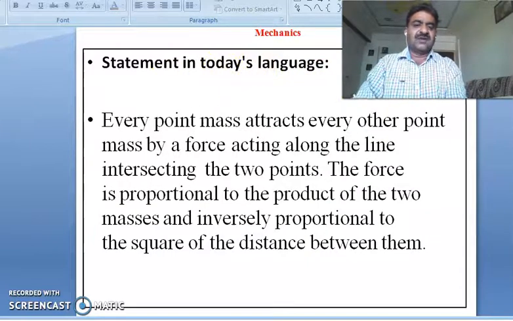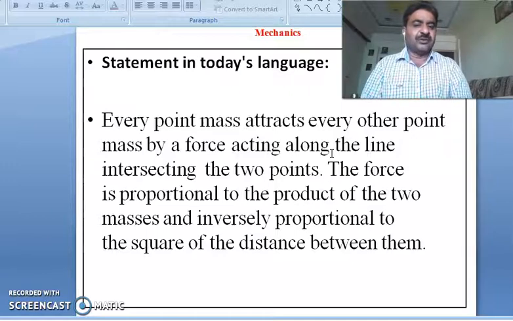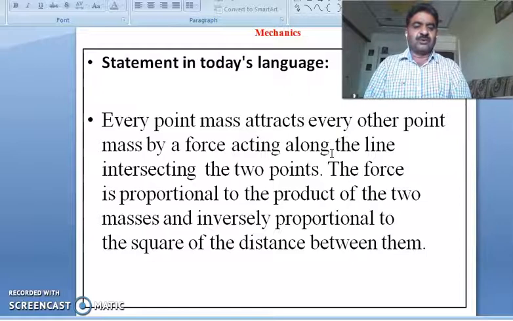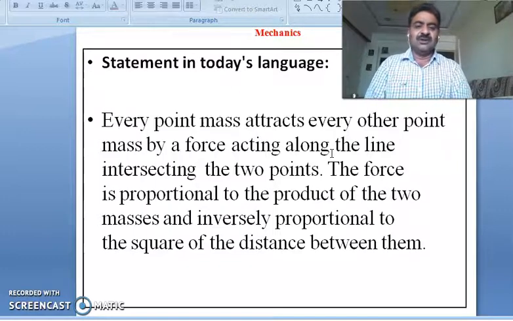Now in today's language, this statement of Newton's law of gravitation is stated like this. Every point mass attracts every other point mass by a force along the line intersecting the two points. The force is proportional to the product of the two masses, and inversely proportional to the square of the distance between them.